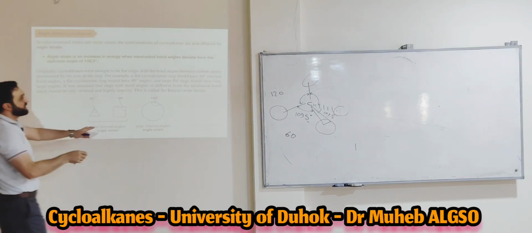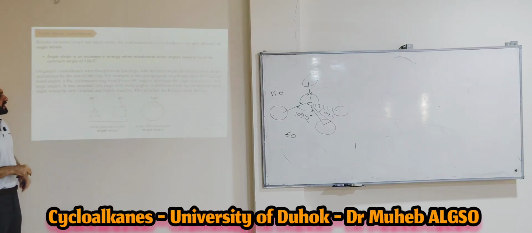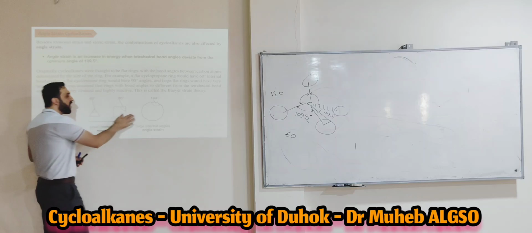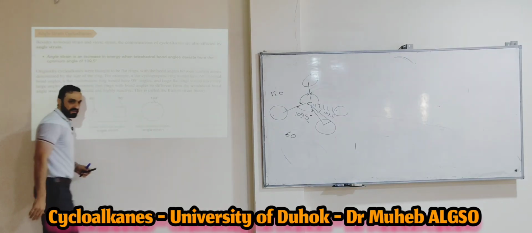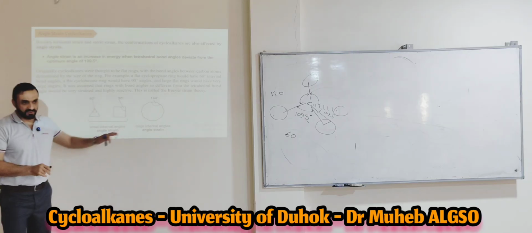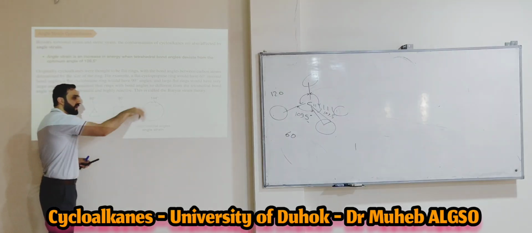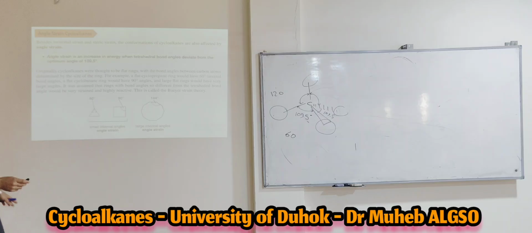Big cycle. This theory is called the Baeyer strain theory. The theory said all the carbon atoms are in one plane, but in fact this is not right. It was assumed that rings with bond angles so different from the tetrahedral bond angle would be very strained and highly reactive.